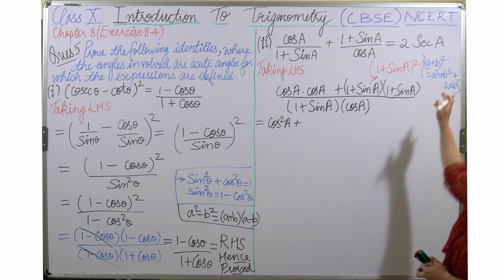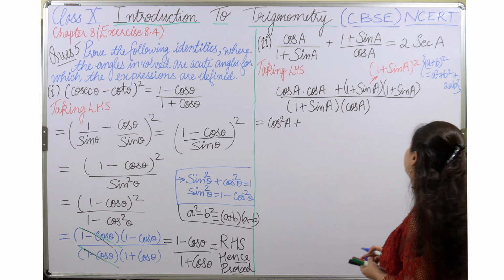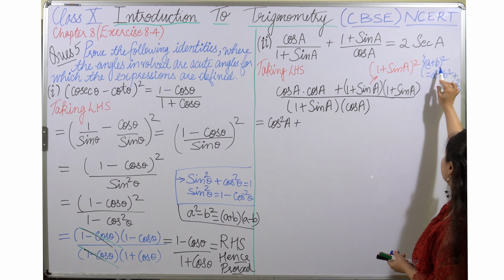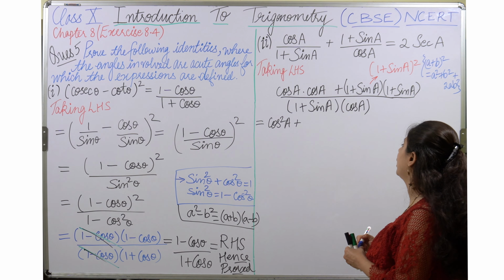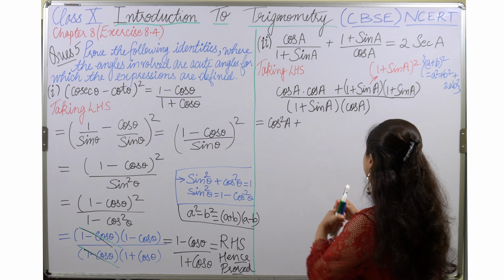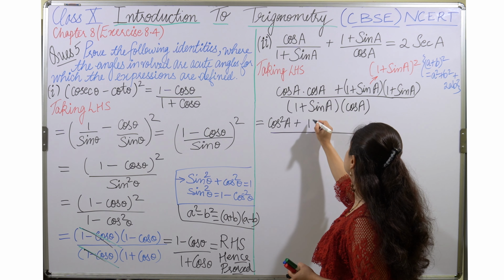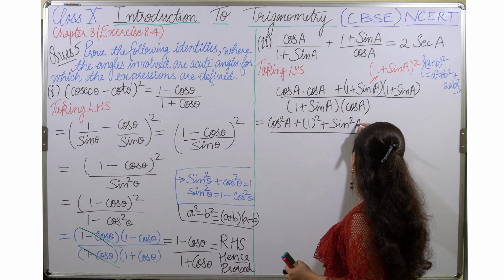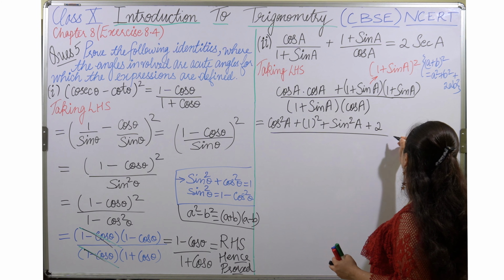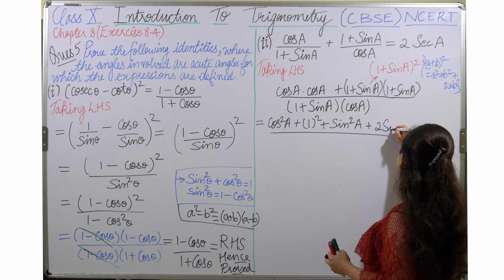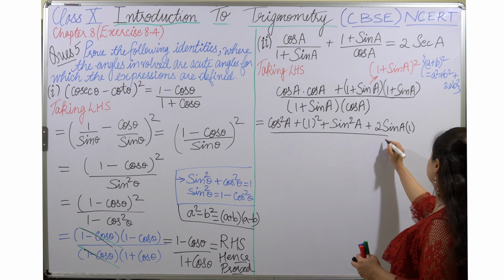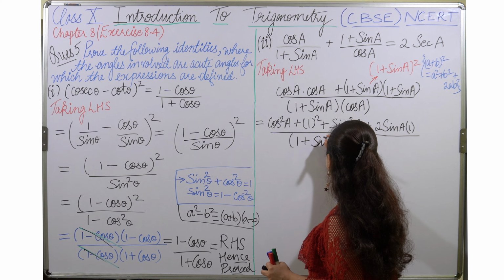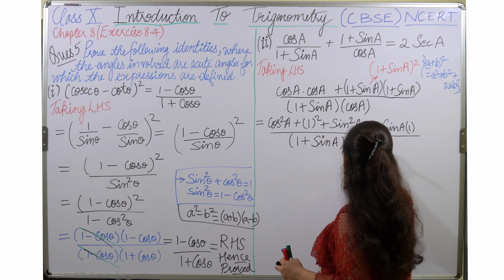In the place of A I am having 1, in the place of B I am having sin A. So I'll be getting 1 square plus sin square A plus 2 sin A into 1, and in the denominator I am already having 1 plus sin A into cos A.